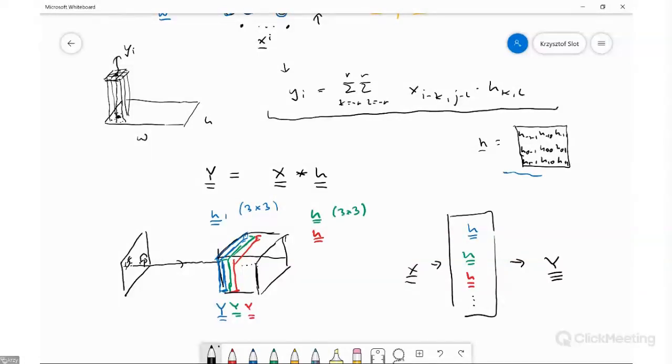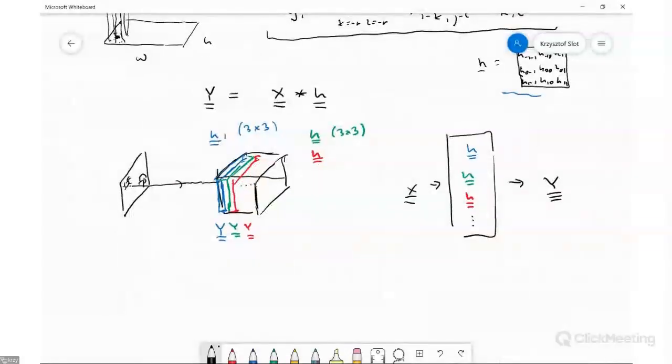And we will be talking about what comes next during our next lecture. But to conclude, I will name this part a convolutional layer.